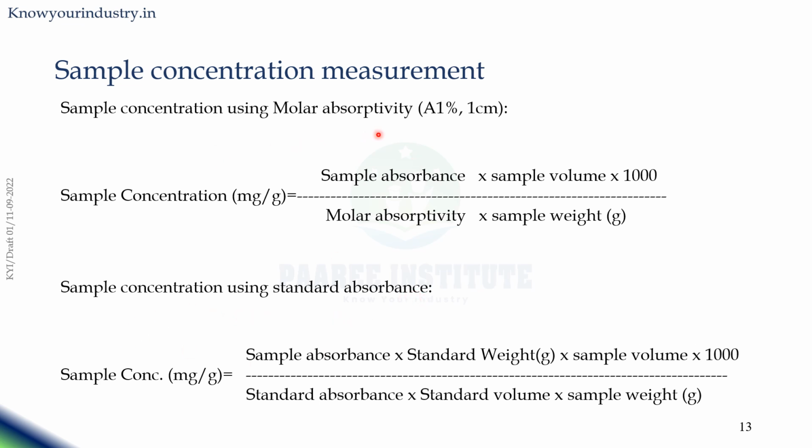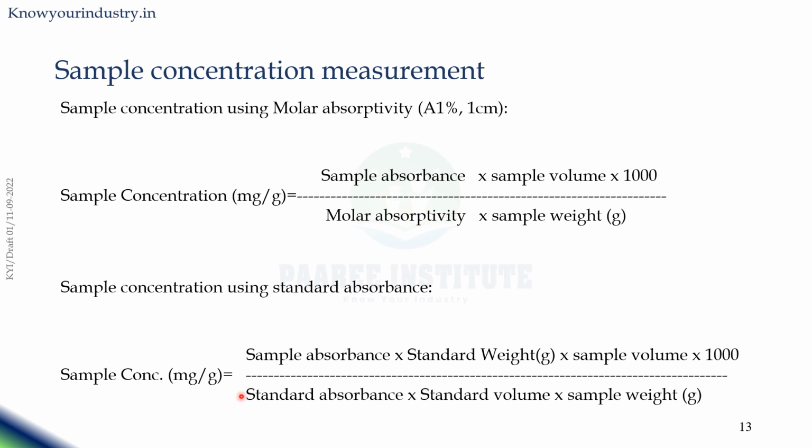So in the molar absorptivity method, where 1% and 1 centimeter is the specification, the sample concentration is equal to sample absorbance into sample volume into 1000 divided by molar absorptivity into sample weight. This molar absorptivity you can get from the pharmacopoeias of the particular reference.